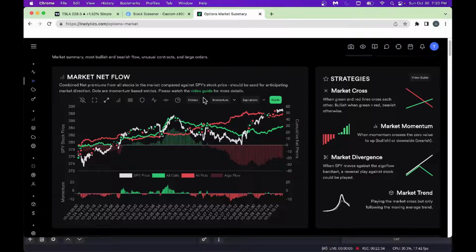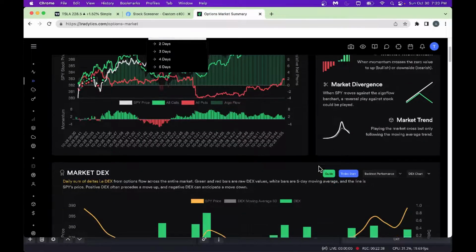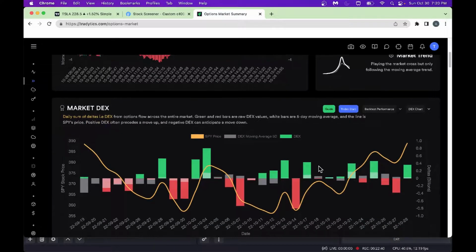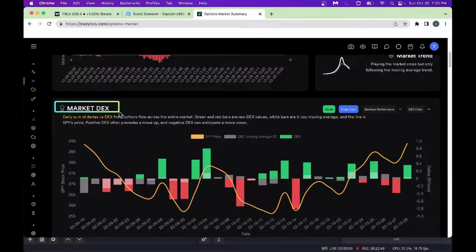All right, so let's go back here. Let's just make it 1 day here and go into other areas. One of the most important things is the DEX. As many of you know, it's always good to look at the delta. DEX is really the delta. It gives you whether your net delta is positive or negative.